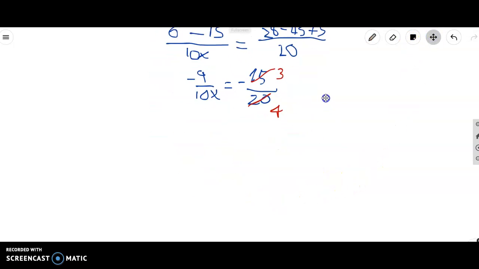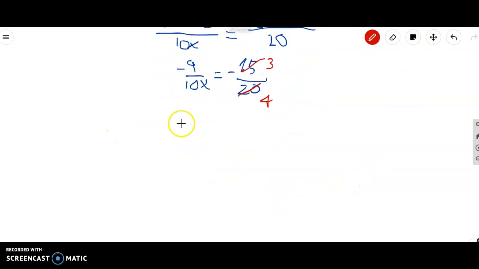So the new equation, let's write it again: minus 9 over 10x equals minus 3 over 4.